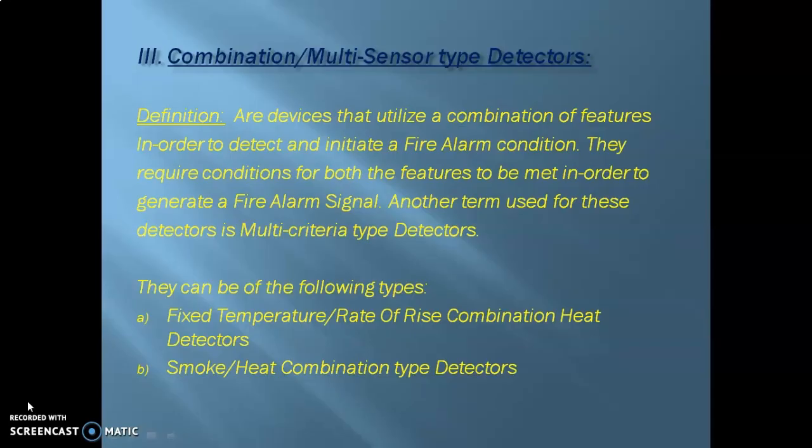Also, I'd like to state that there are even more different types of multi-criteria detectors that are available nowadays. But we will only be discussing the most common type, and one of those common types we've already discussed. So, we will be talking about the smoke and heat combination type of detectors. So, moving on.